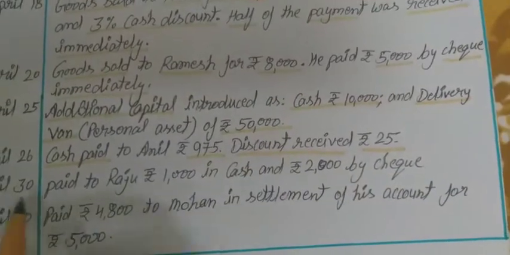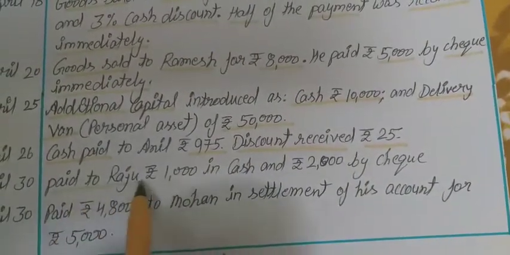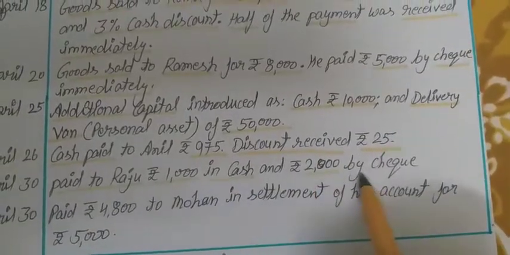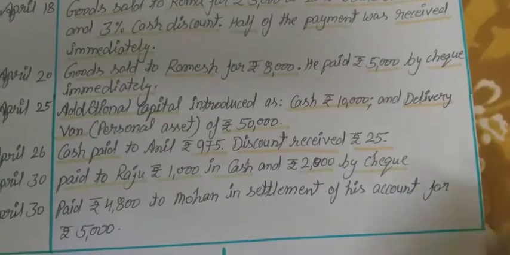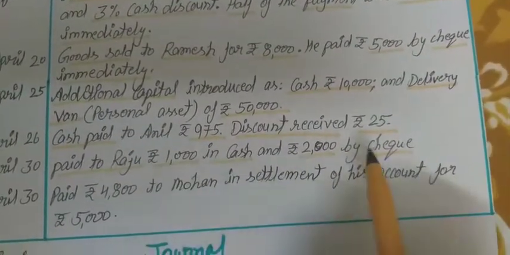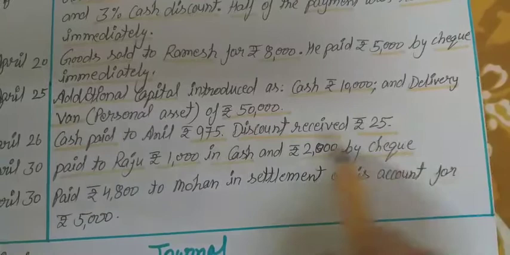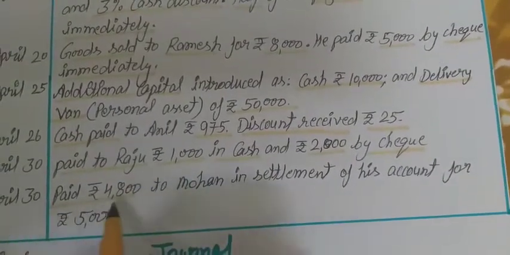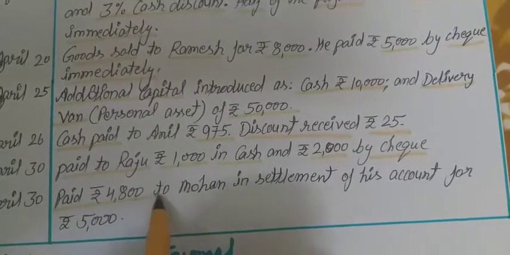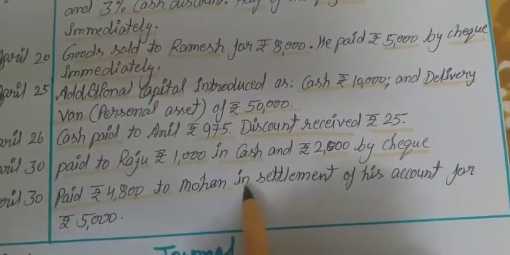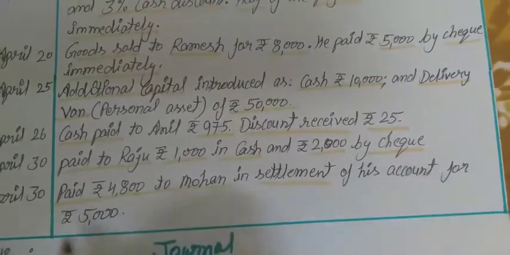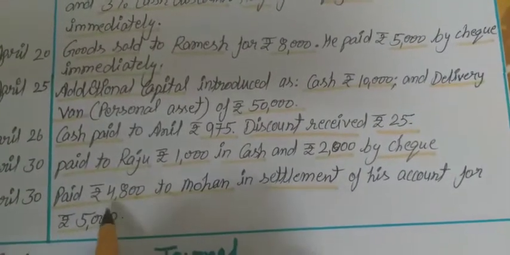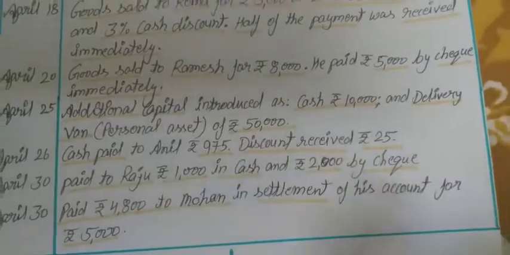Next, on 13, paid to Raju rupees 1,000 in cash and 2,000 by check. Next transaction, on 30, paid rupees 4,800 to Mohan in settlement of his account for rupees 5,000. We had to pay him 5,000, but we settled his account with only 4,800 rupees.